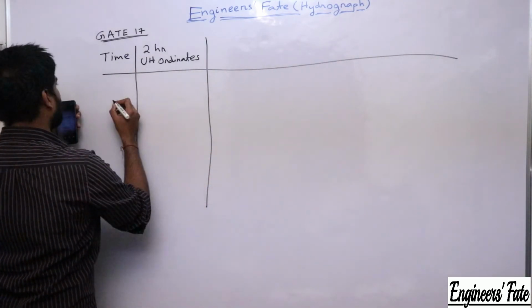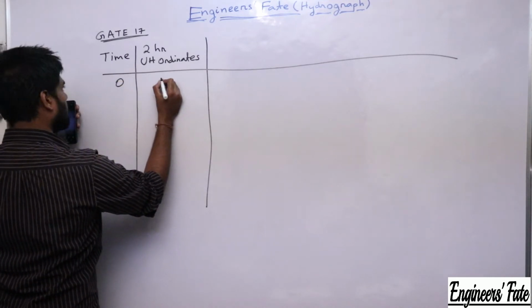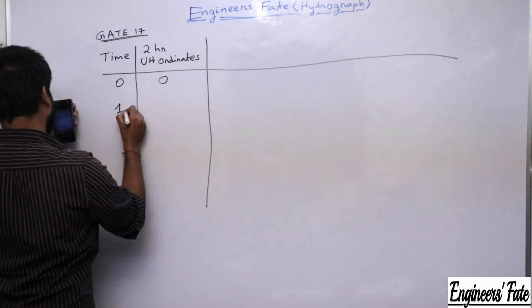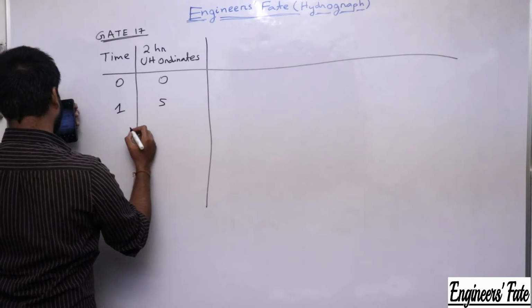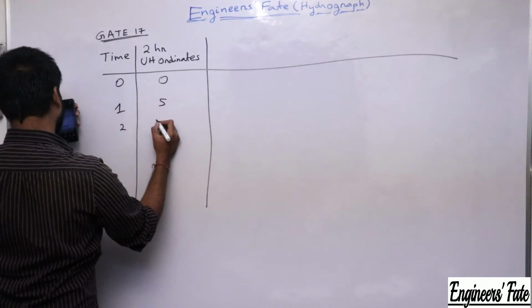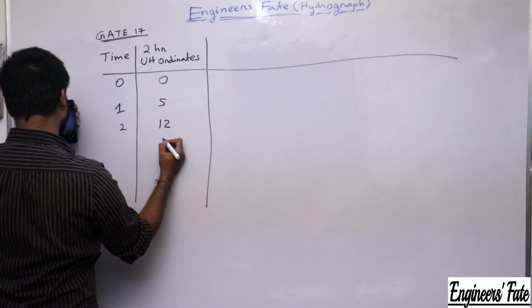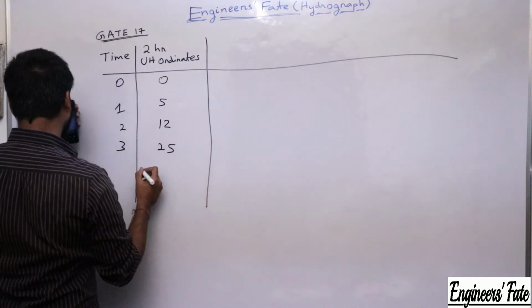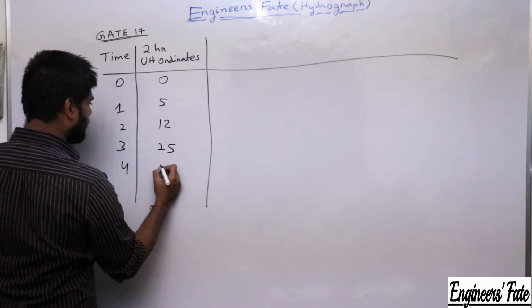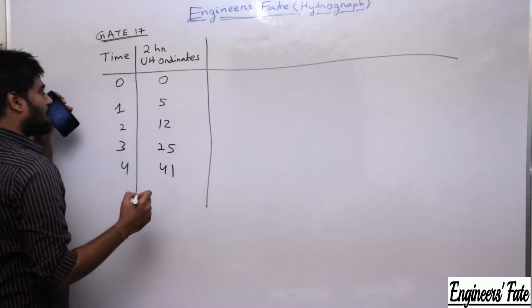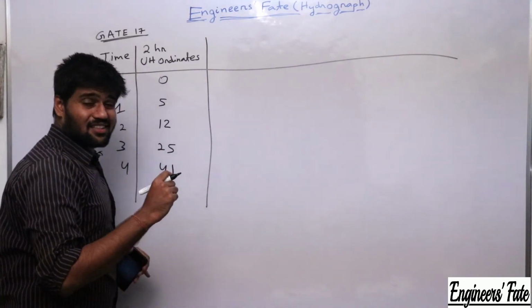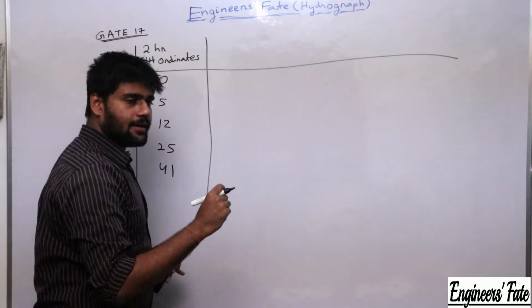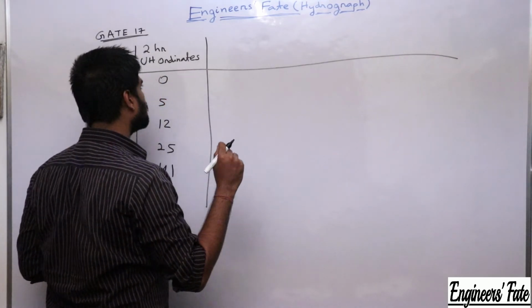So for time 0 the ordinate is 0, for time 1 the ordinate is 5, for time 2 the ordinate is 12, for time 3 the ordinate is 25, for time 4 the ordinate is 41. So just see the way I am writing, and you have to remember those things.